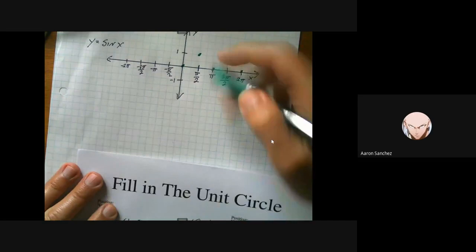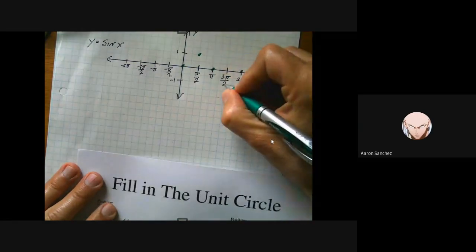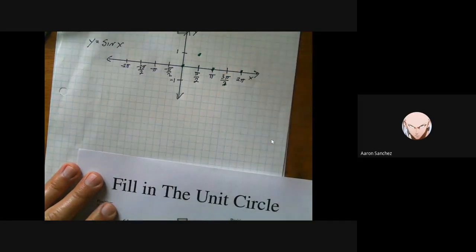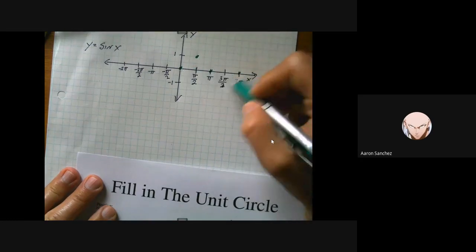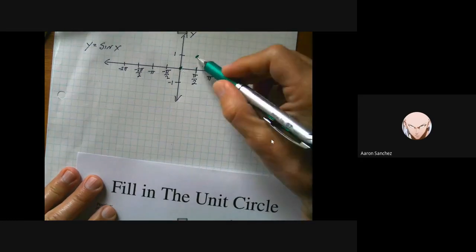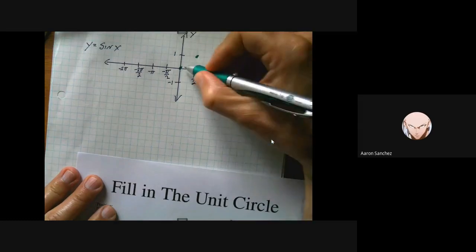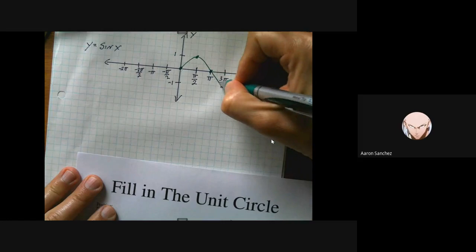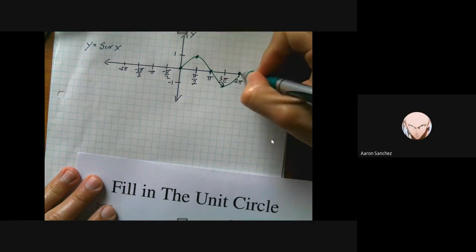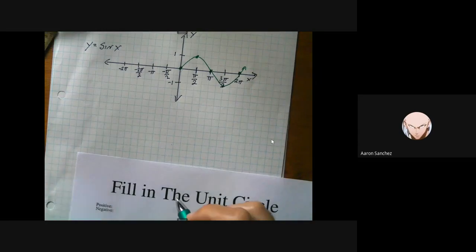So I go down here to negative 1. Those are your 5 key points: 1, 2, 3, 4, 5. I got my 3 zeros, one above, one below, and you just connect. And it's going to continue. And that's y equals sine of x.